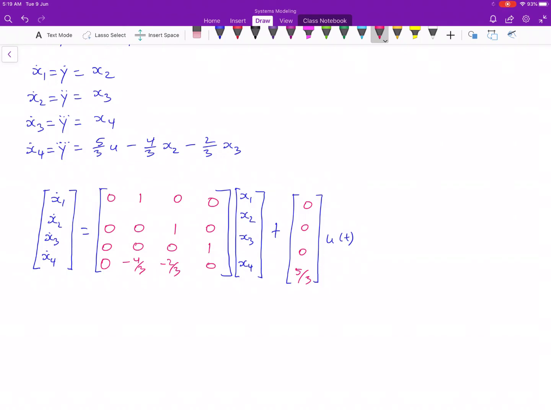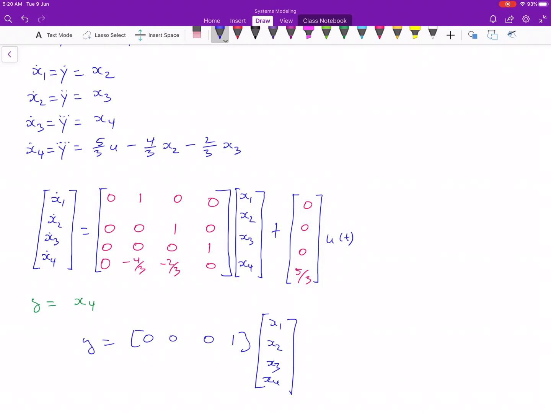And our output matrix, again, is not given, and we can choose it to be, let's say maybe y is equal to x4. If y is x4, then we are going to have y is x1, x2, x3, x4 times 0, 0, 0, 1.